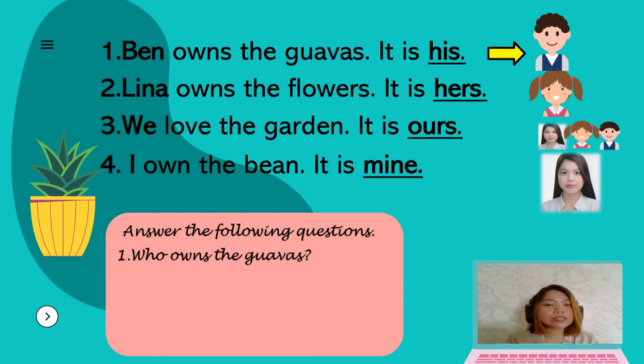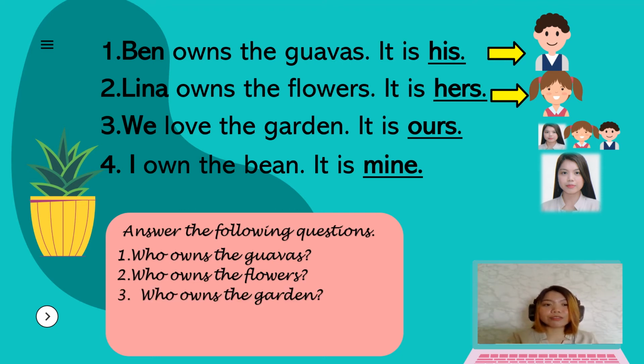Lena owns the flowers. It is hers. Now who owns the flowers? Very good. Lena owns the flowers. So it is hers. Now we use the word hers if the owner of a thing is a girl. Now let's have number 3.